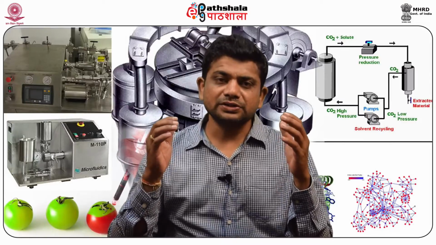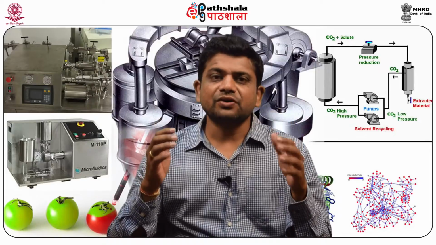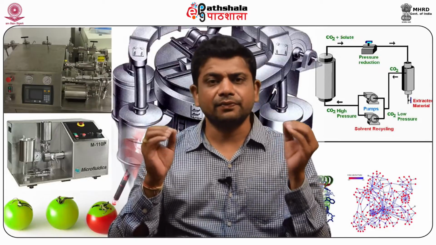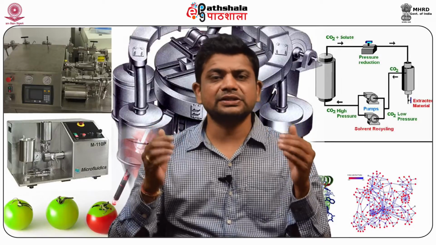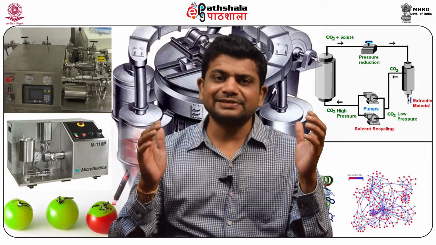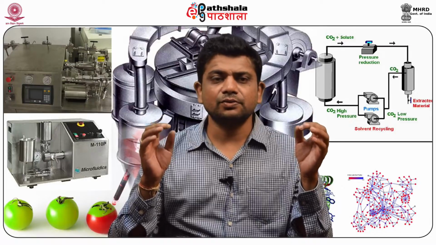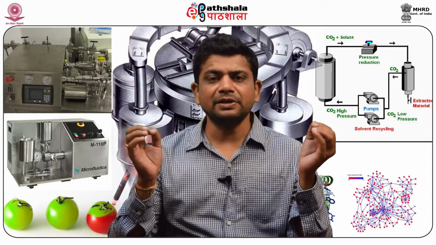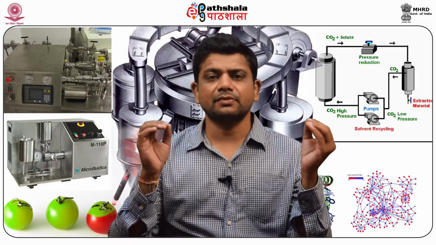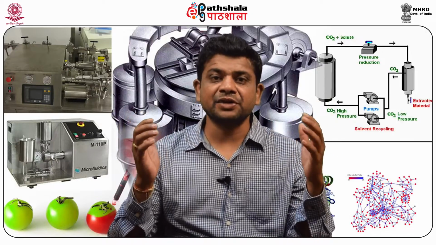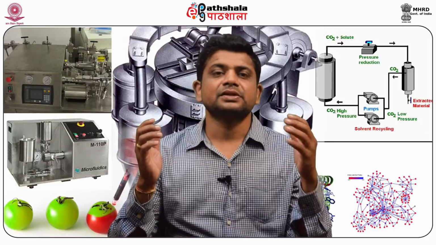So now students, you must have understood the role of biotechnology in the food industry. Now let us come towards the summary of this module. Biotechnology as applied to food processing makes use of microbial inoculants to enhance properties such as taste, aroma, shelf life, texture, and nutritional value of foods.